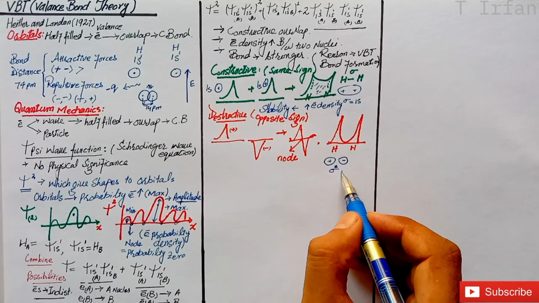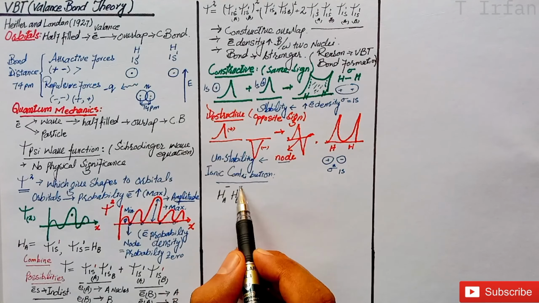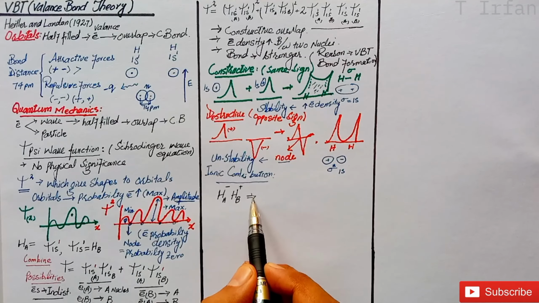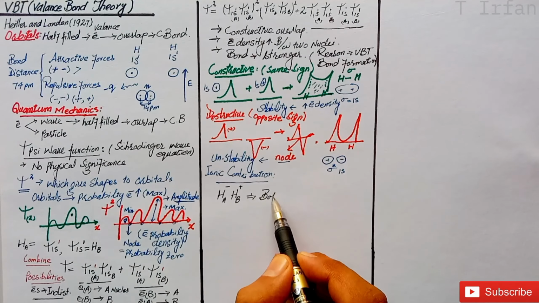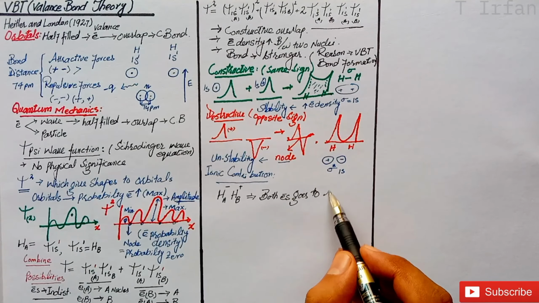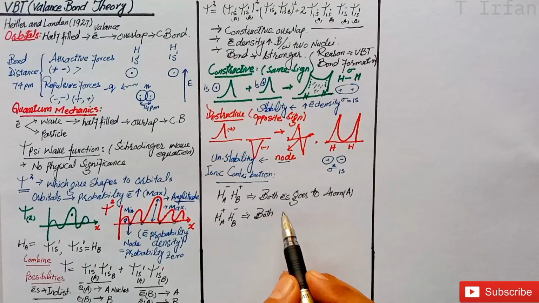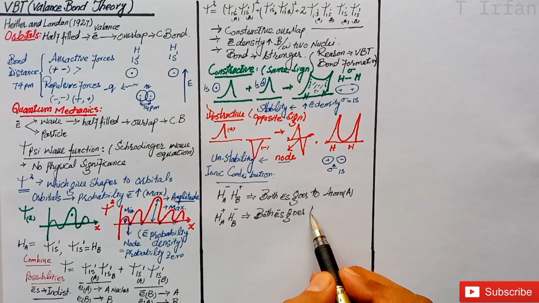There is also an ionic contribution in covalent bonds, as there are possibilities that both electrons go to atom A, and both electrons go to atom B. So there is an improved wave function, which is also known as ionic-covalent resonance.